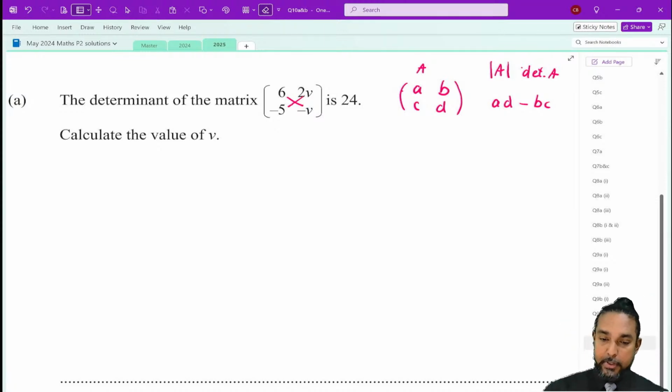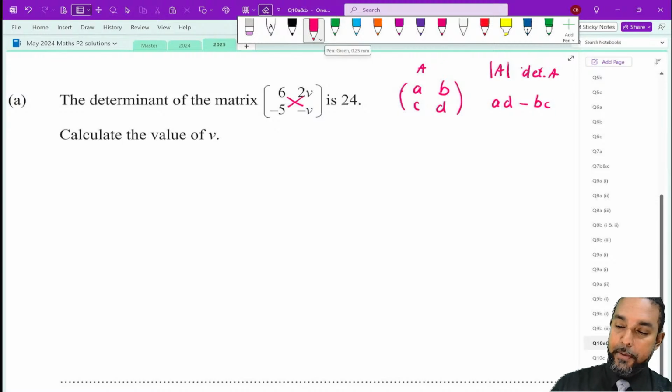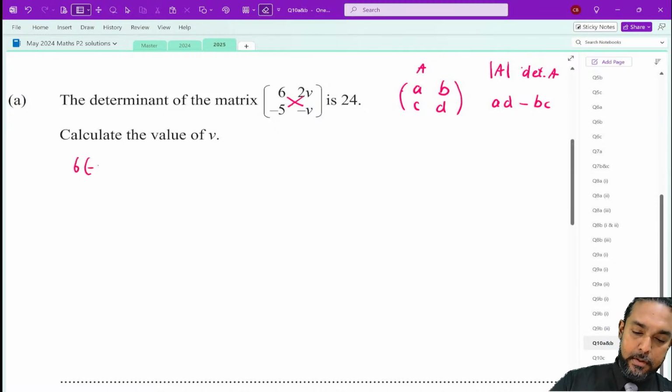Okay, so let's plug in some stuff here and see what we get, right? So we're going to have 6 by minus v, then minus 2v by minus 5, and that's equal to 24. So 6 by minus v is minus 6v. That's going to give us minus 10v.